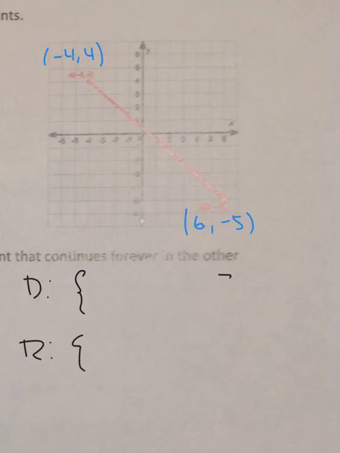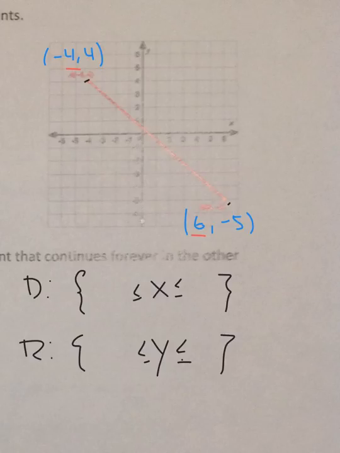Get these squiggles in here. These are all closed circles, so we're going to do our less than or equal to's, and then fill in the blanks. There's your domain, negative 4 and 6, and there is your range. Remember to get the smallest one on the left first, negative 5 and 4.